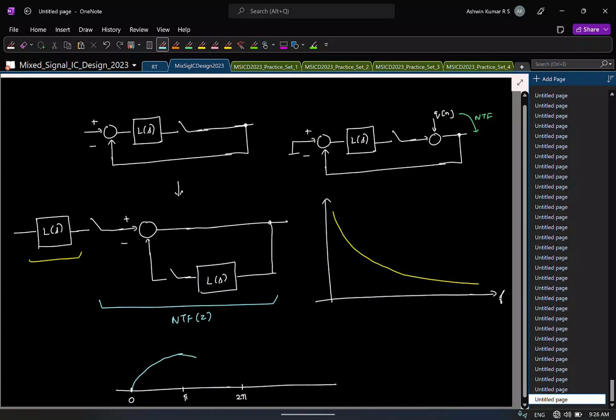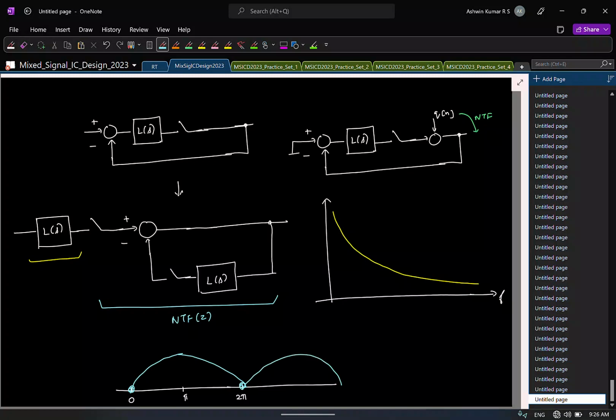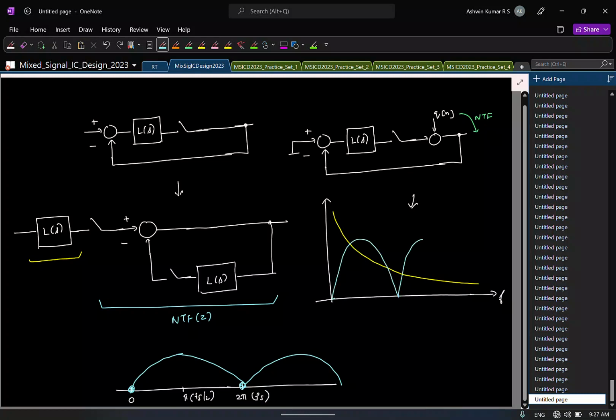So whatever happens at 0 happens at 2 pi, and this will keep repeating like this. Okay, and remember that this is 0, this is pi is fs by 2. So here if I sketch it, it will look like this. Right, so this is 0, fs.